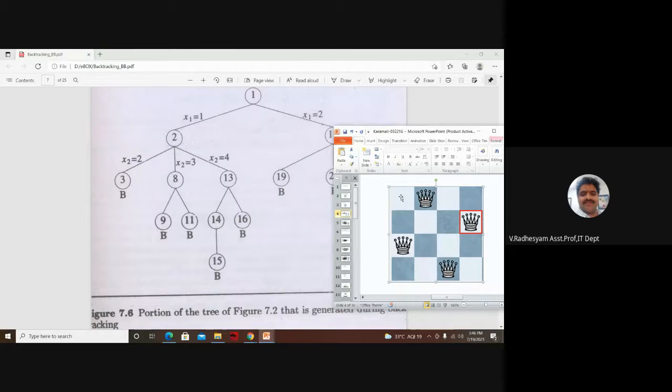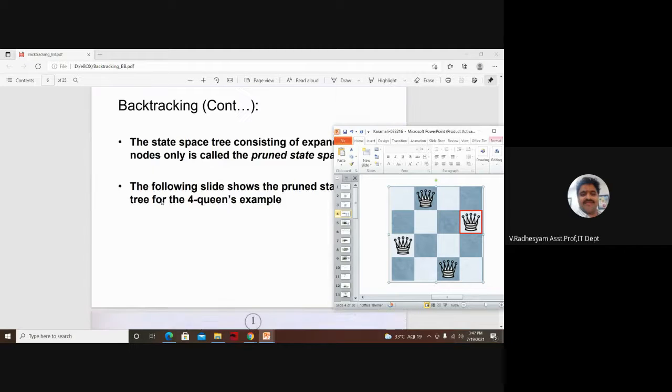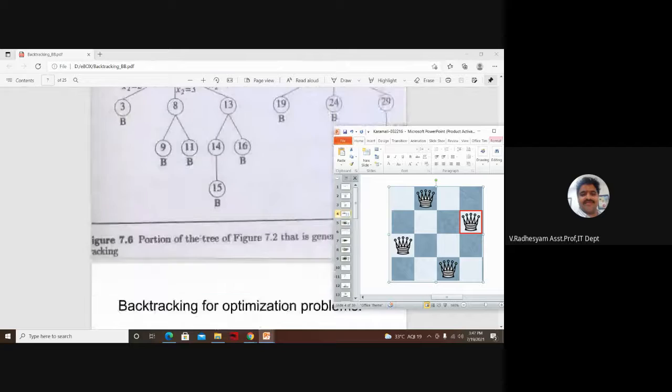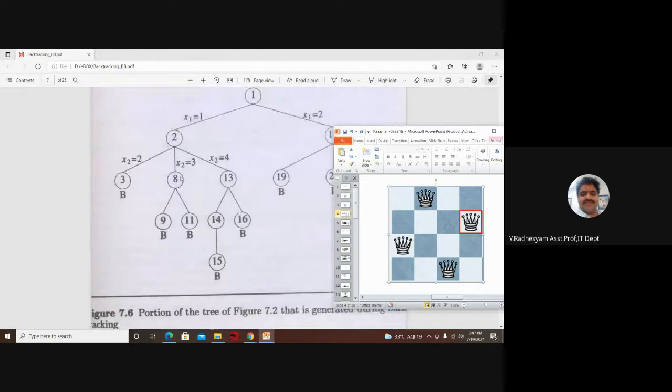Then immediately the attack will occur. So that's why this node is a dead node. This 3 is a dead node, and that's why after this 3, nodes 4, 6, 5, 7 will not be considered. Then we'll go with 8. That's why we are going with 8.